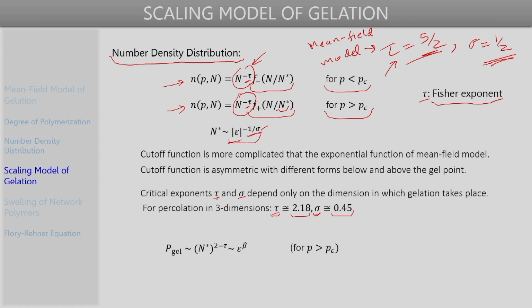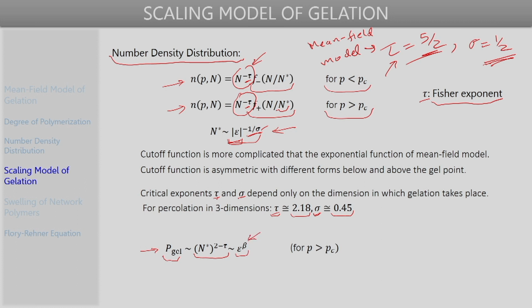The scaling model predicts that the gel fraction is proportional to n star to the power 2 minus tau. Again, n star is the characteristic degree of polymerization, and since n star itself is related to the relative extent of reaction epsilon through this relation, P gel can also be related to epsilon as epsilon to the power beta.